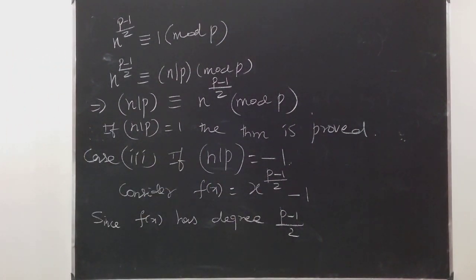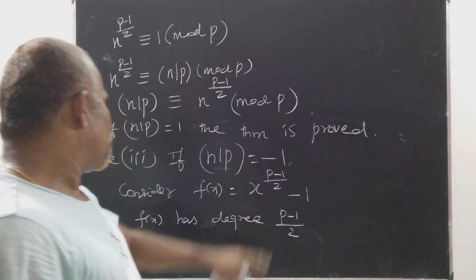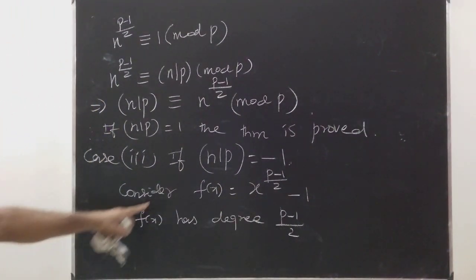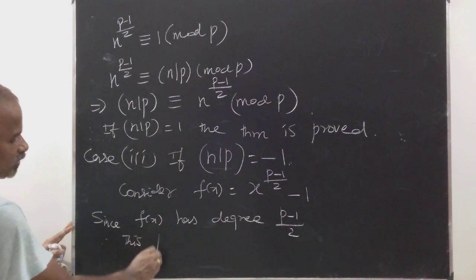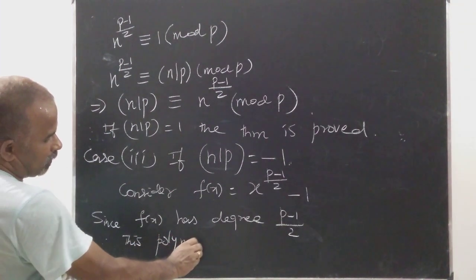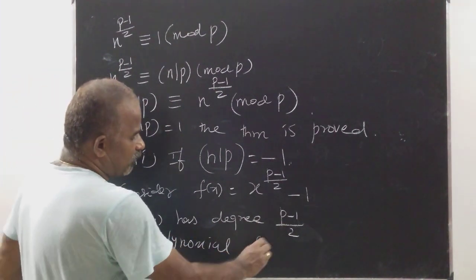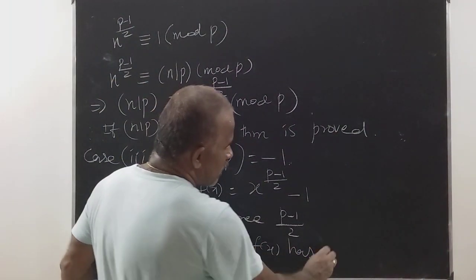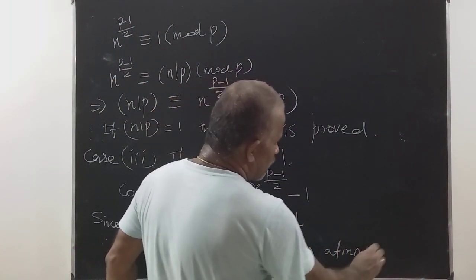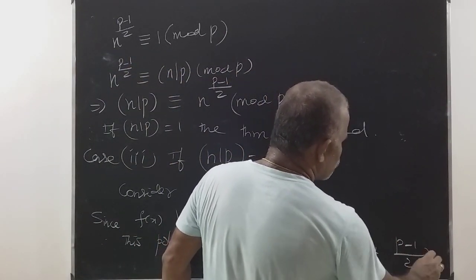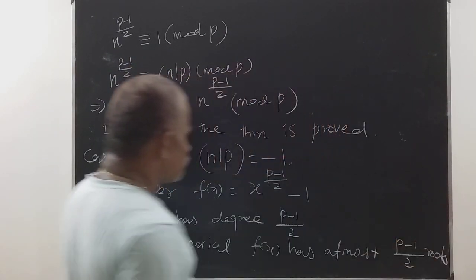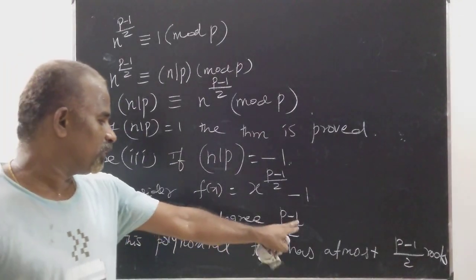So therefore, by Lagrange's theorem, this polynomial f(x) has at most how many roots? At most n roots, where here the degree is (p-1)/2.